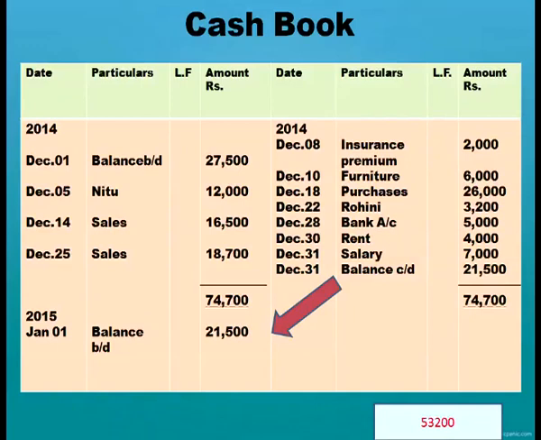That is, in 2014 December 31st, we got a balance of 21,500. We have brought it down on 2015 January 1st as balance brought down. Which amount do you have to bring down? That is 21,500. So, you are clear with balancing also.